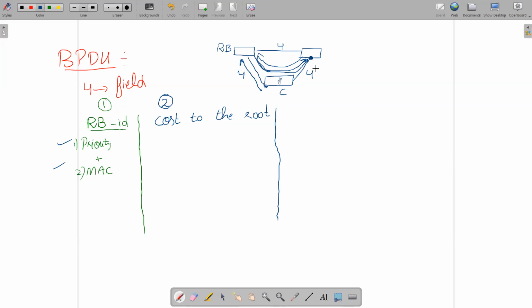So to calculate the cost, I will start in the reverse path and check the cost to the root, from the point where I'm receiving.